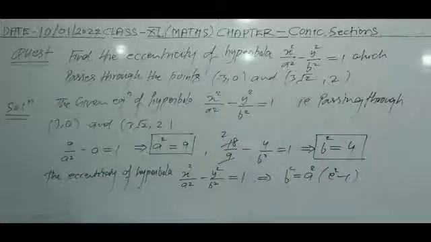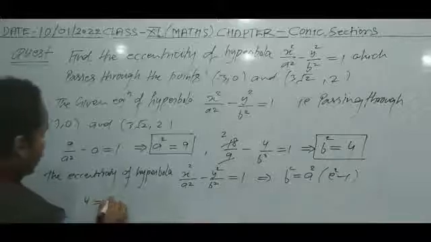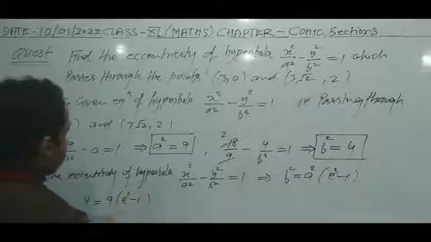So b square and a square we have to put. So 4 is equal to 9 times e square minus 1.